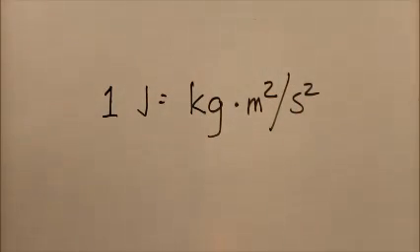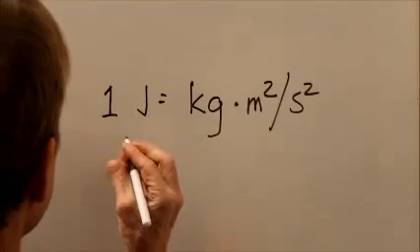Well, that's all nice and technical, and all those units are defined for you back in chapter 10 of the book. Then it goes on to tell you that the standard unit of power is the watt, which is equal to 1 joule per second.